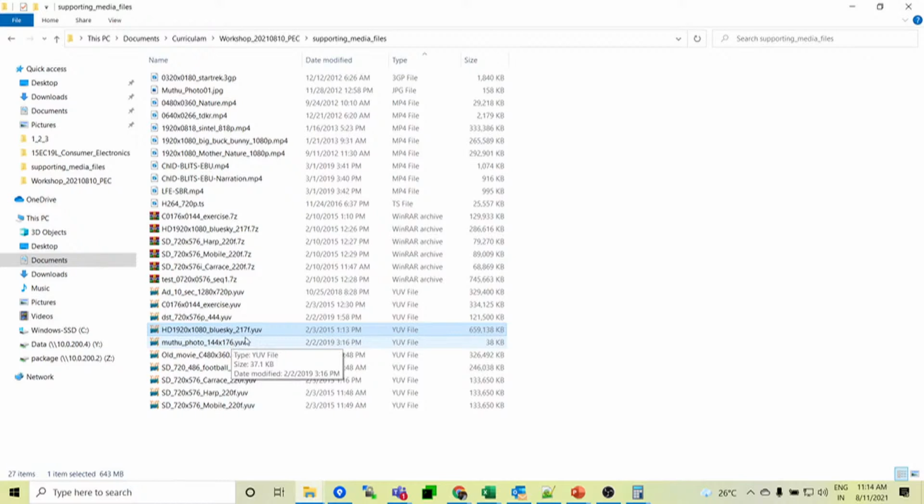So you can multiply by 217 itself, which means 1920 cross 1080 plus 2 into half of 1920 cross 1080, and then into 217. Here the number of frames is given already, 217, so you can directly take the value.